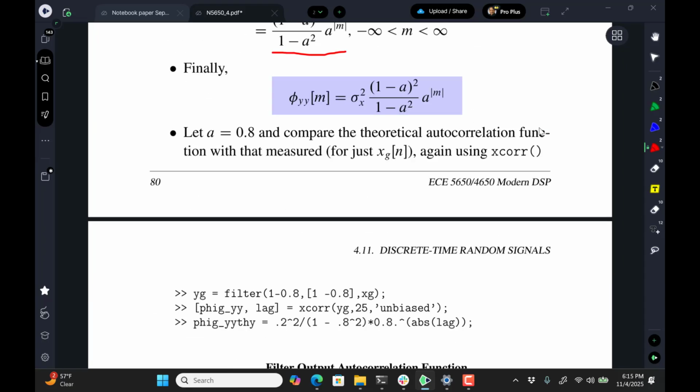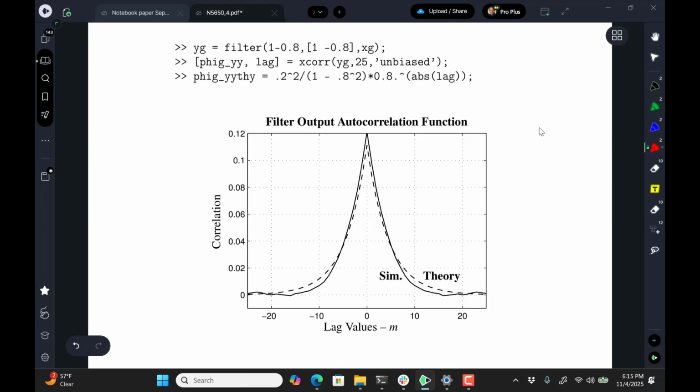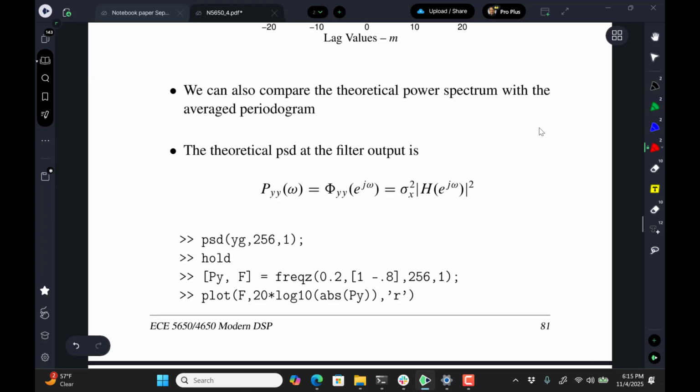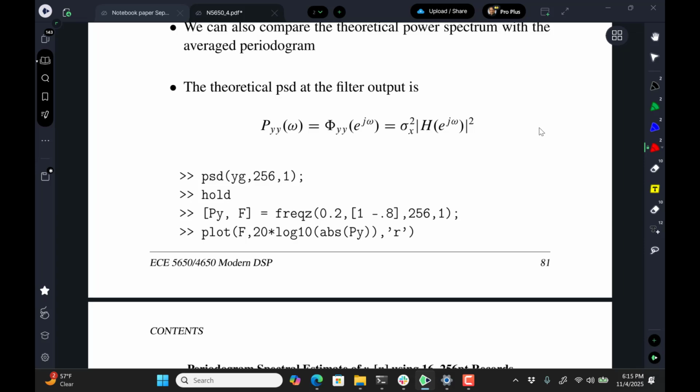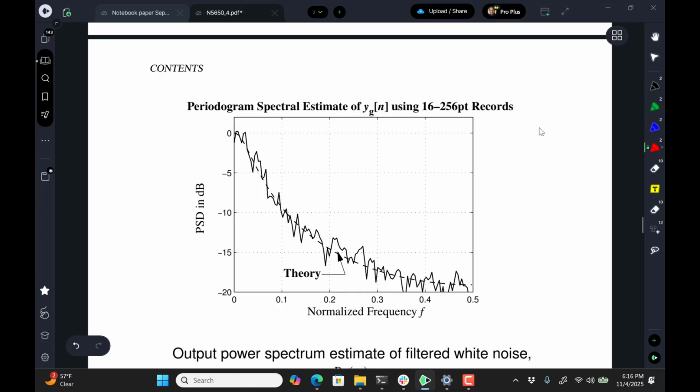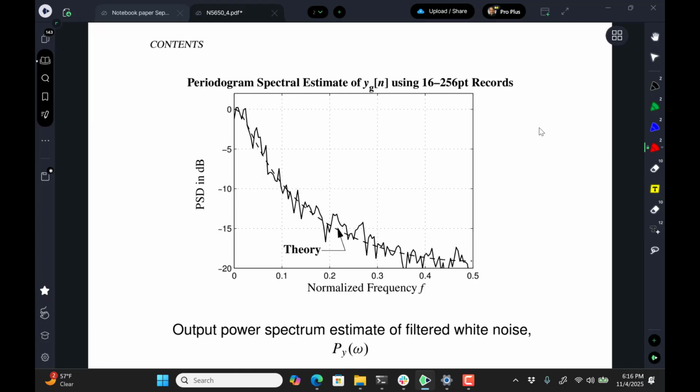And again, if I look at the autocorrelation function using xcorr or whatever function I'd use in Python, I get a theoretical and simulation value, which are pretty similar for only 64 samples. And then if I use this idea that the power spectral density at the output should be the white noise variance at the input, sigma x squared equals 1, times the magnitude squared of the low-pass filter shape, and put that into a calculation, we see the power spectral density of the low-pass filter magnitude squared, only plotted in dB.